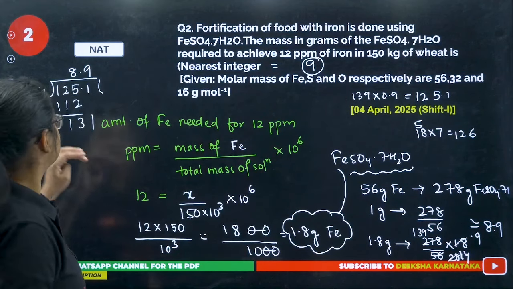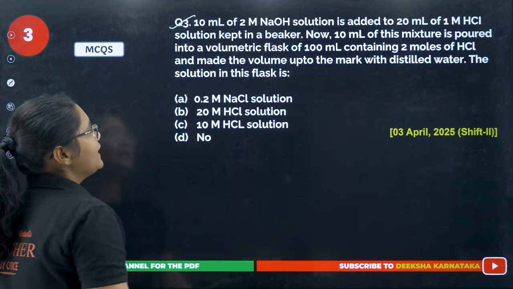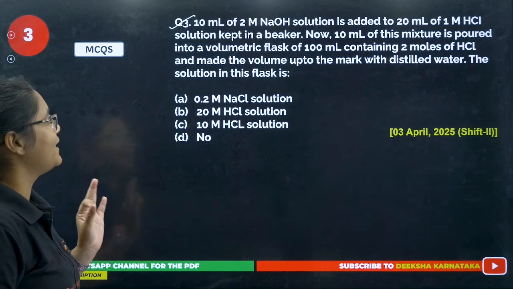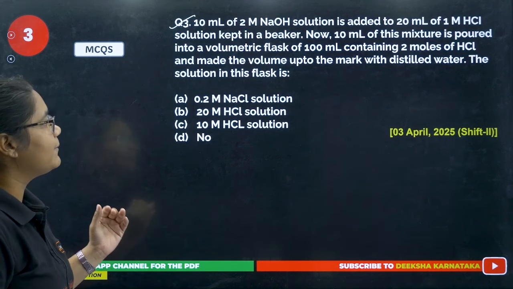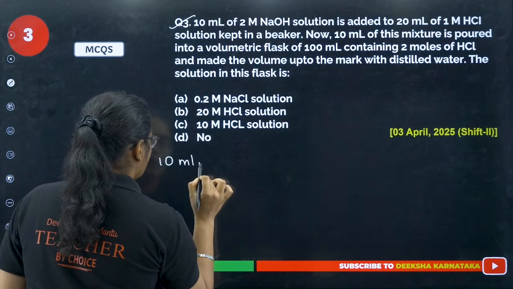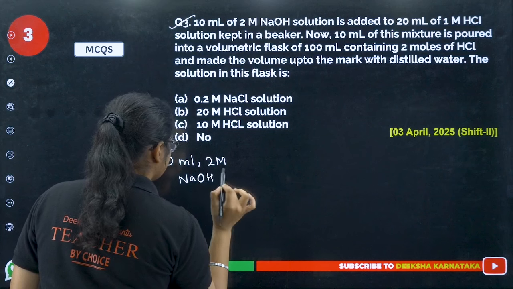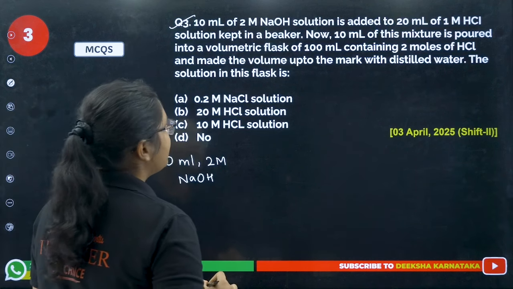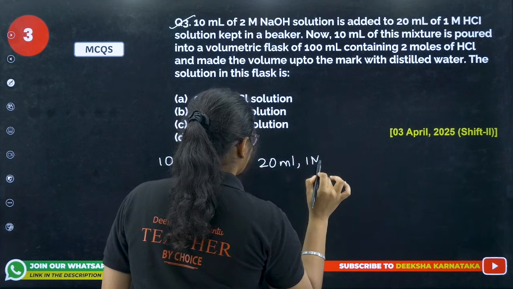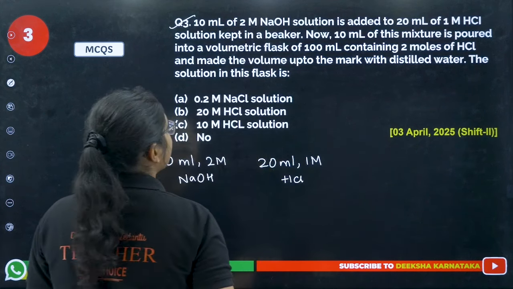Okay, next moving to question number 3 here. This is also a very good question. 10 ml of 2M NaOH is added to 20 ml of 1M HCl solution kept in a beaker. So I have 10 ml 2 molar NaOH solution, and 20 ml 1 molar HCl solution in a beaker.